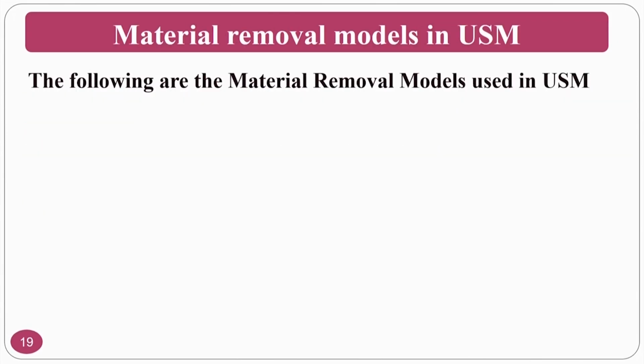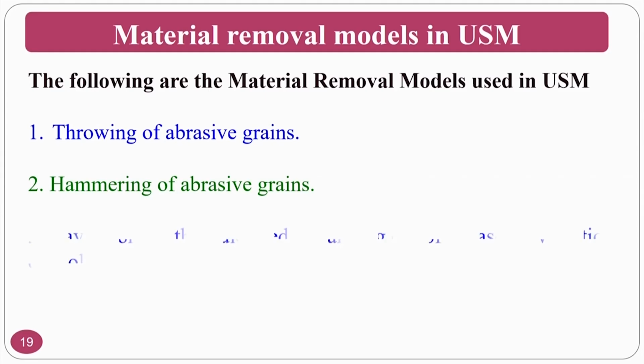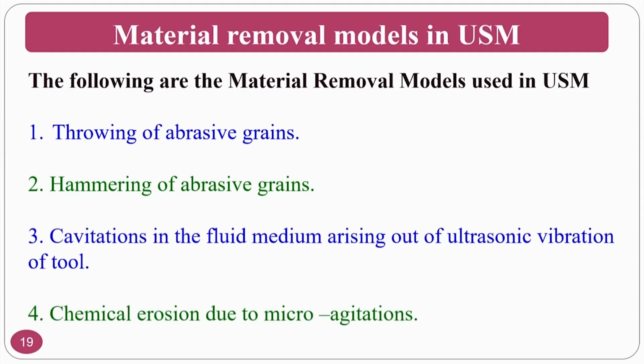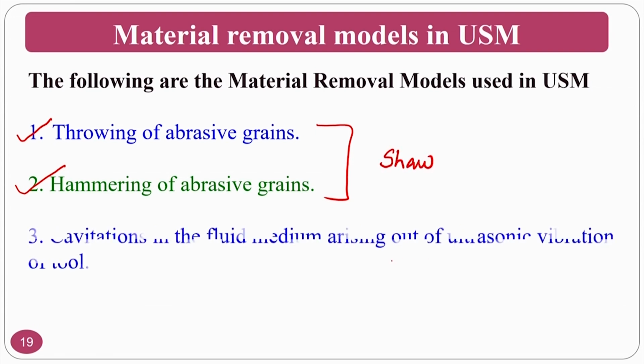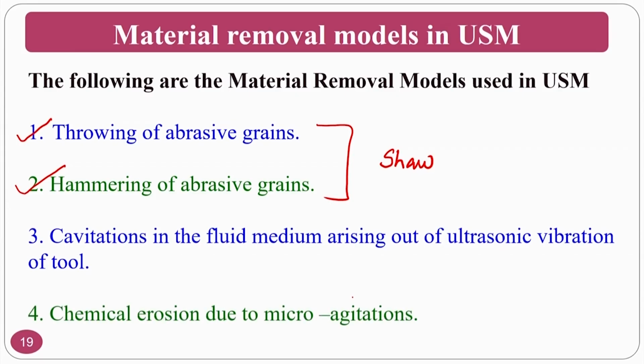Okay. So that means that there are 4 mechanisms to be followed, that is, throwing of abrasives, hammering of abrasives, and this particular model considers these 2 only. So the other 2 things, like cavitation in the fluid medium arising out of the ultrasonic vibrations of the tool and chemical erosion due to micro agitations, these 2 are neglected.